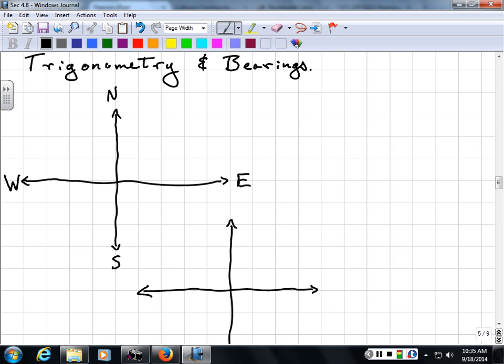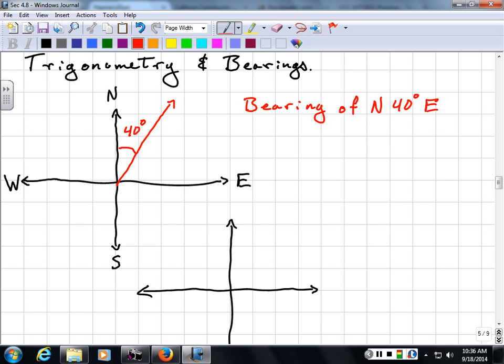Bearings. Let's look at this. I'm going to draw a bearing. This right here is going to be off the north. It's going to come off 40 degrees. If I say this is a bearing of north 40 degrees east, that means that I'm looking north and I'm going 40 degrees to the east.